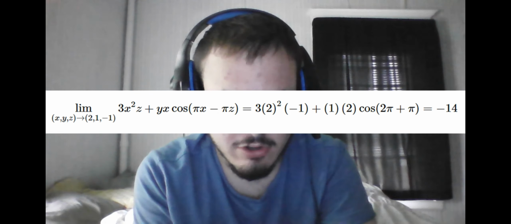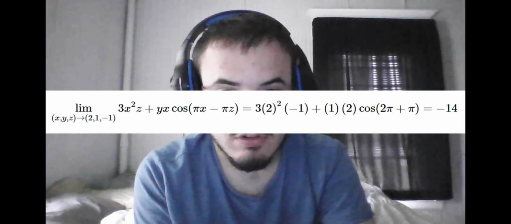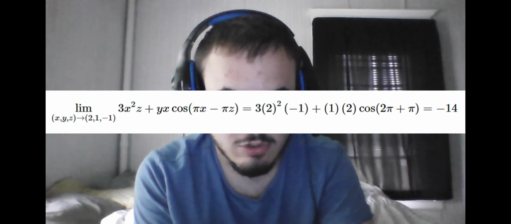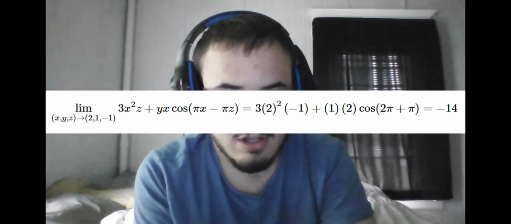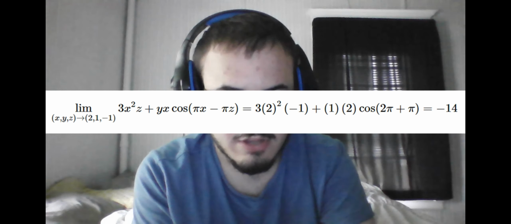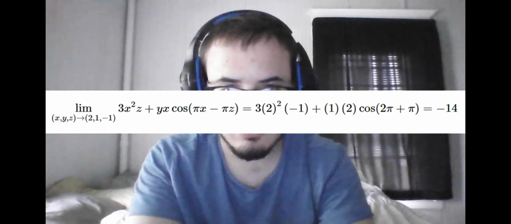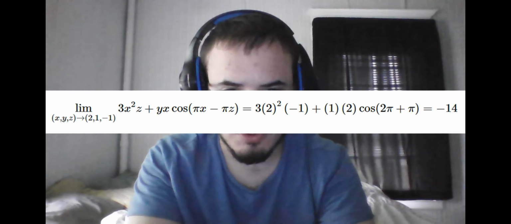Because remember, sums and products of continuous functions are continuous, as well as differences and quotients, provided you do not divide by 0. So now, we can simply substitute in the x, y, and z values given in the limit, and get a finite answer that way. When we do all the computations, we get -14 in total.